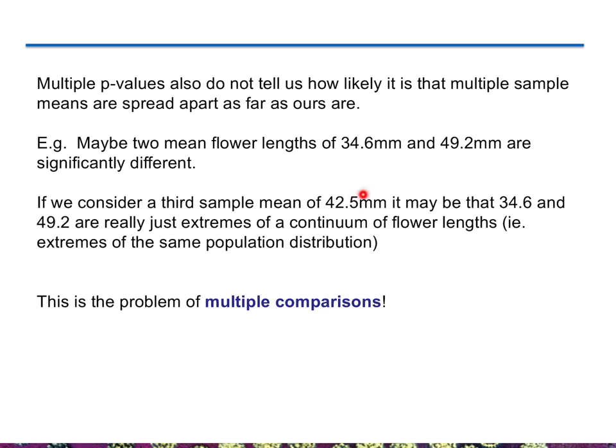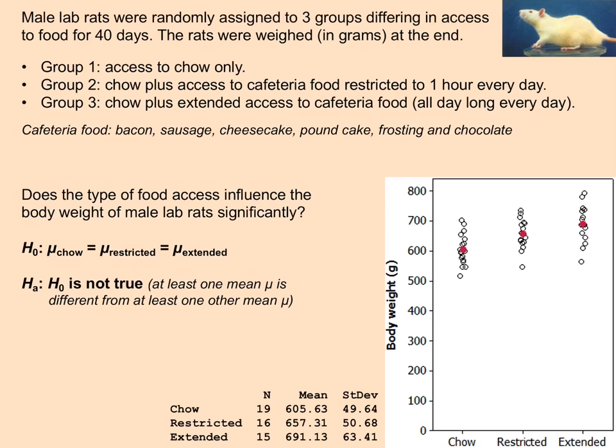But if you consider the third sample, maybe it falls smack in the middle of these 2 values, and it may be that 34.6 and 49.2 are really just extremes of a continuum of flower lengths. In other words, the flowers come from the same population distribution with regard to flower length. This is the problem of multiple comparisons, all right? And it's the problem that ANOVA helps us to get around.